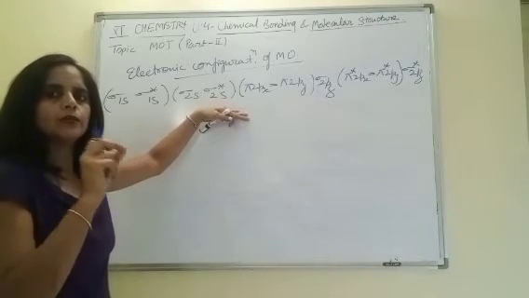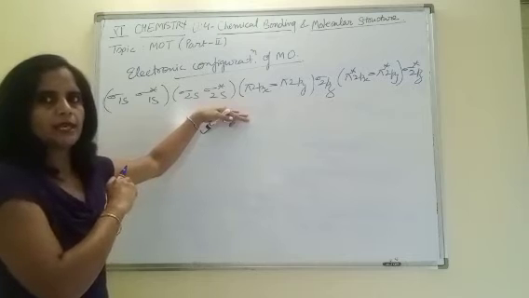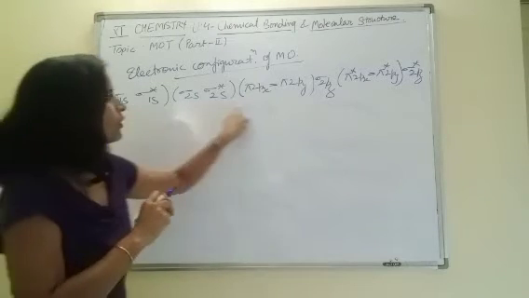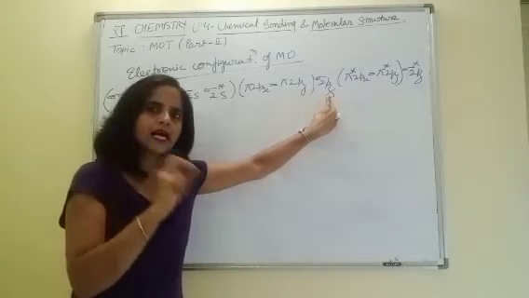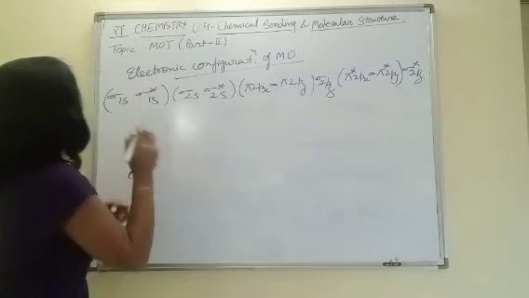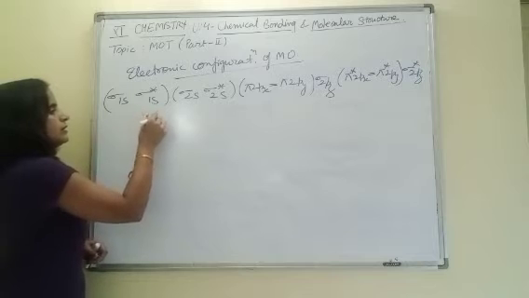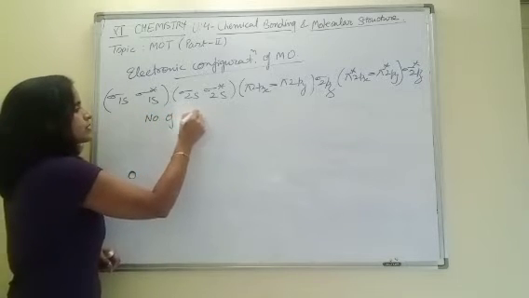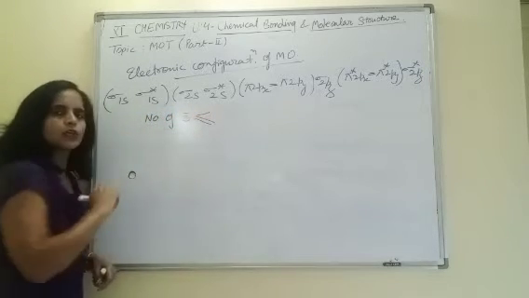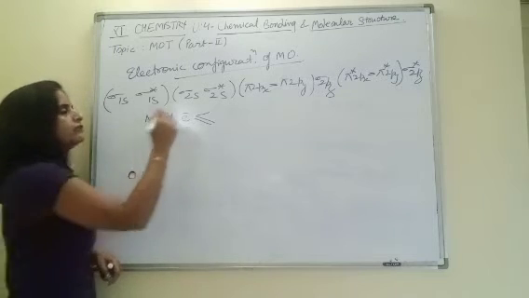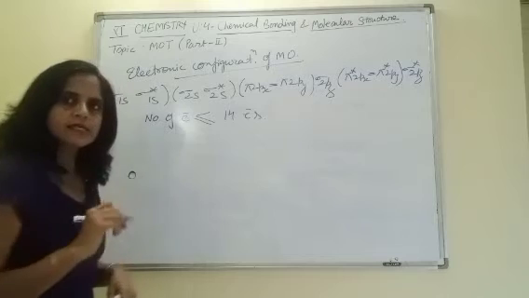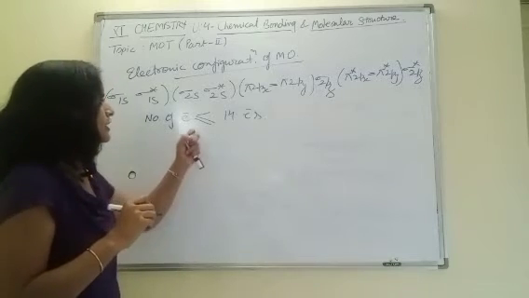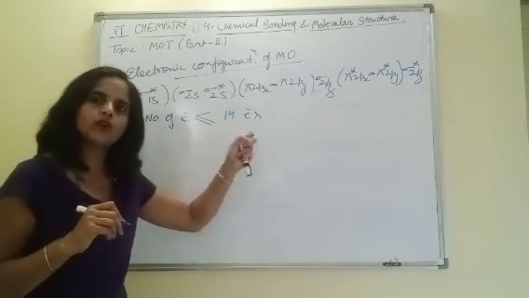But note down one very important aspect: this order of electronic configuration is applicable for those molecules where the number of electrons is equal to or less than 14.